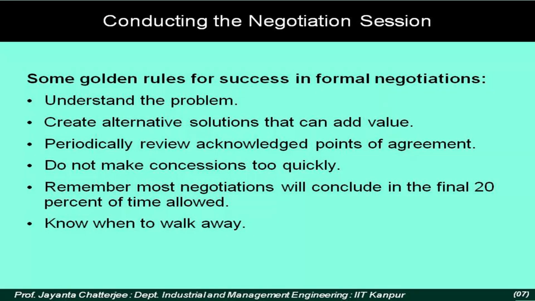Again, some of the golden rules for the successful formal negotiation are understanding of the problem. Again, you will see this is a summarization of many points that we have discussed in the previous week's session. So understanding of the problem, creating alternative solutions that can add value, periodically review acknowledged points of agreement.